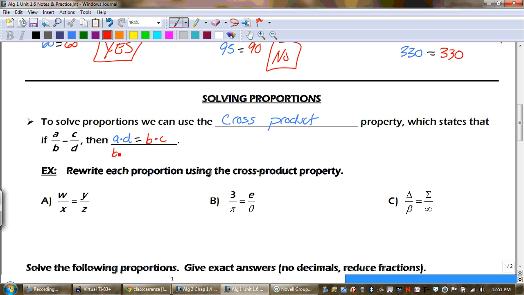Or B times C equals A times D. It doesn't matter which order you write them in, okay?